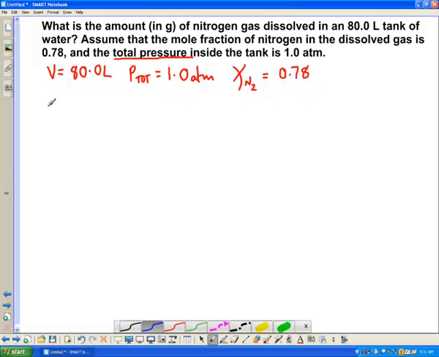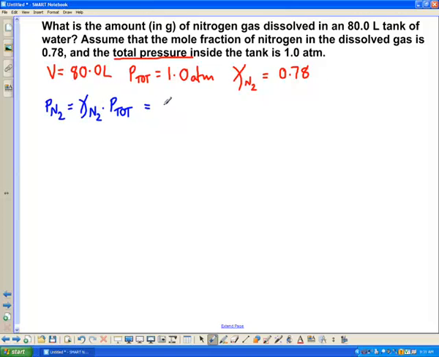And we can actually write a formula for that. The partial pressure of nitrogen is equal to the mole fraction of nitrogen times the total pressure of gas in the tank, which in this case for us is 0.78 atmospheres. We have no units here, this is just a ratio, so that's why the units here are atmospheres.